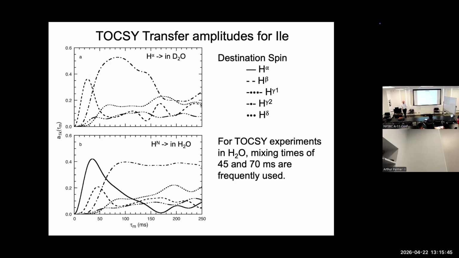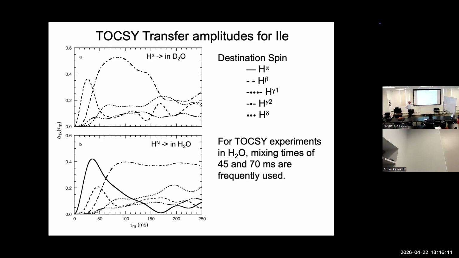A peculiarity of valines, for example, is the magnetization tends to just zip from the alpha through the beta out to the methyl groups. And then the lower one is if we have a sample in water, and now we're looking at transfer from the amide hydrogen out to the alpha, etc.